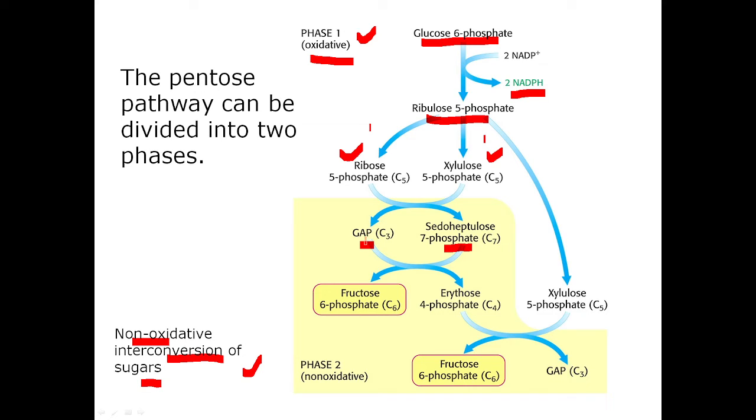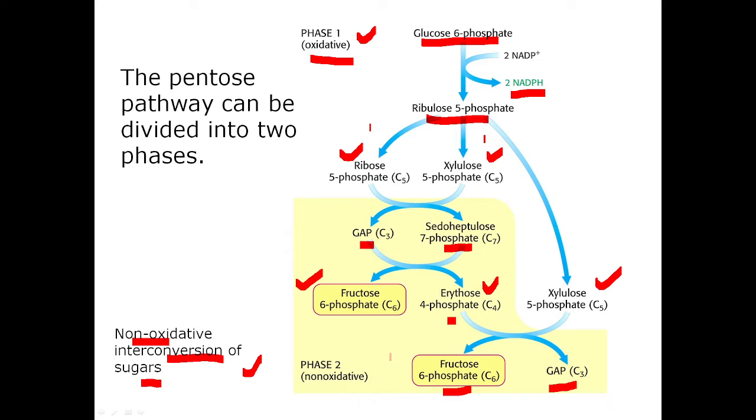Again, during the non-oxidative phase, glyceraldehyde 3-phosphate and sedoheptulose 7-phosphate combine, and we get fructose 6-phosphate and erythrose 4-phosphate. In the next step, erythrose 4-phosphate combines with another xylulose 5-phosphate, and we get fructose 6-phosphate and glyceraldehyde 3-phosphate.